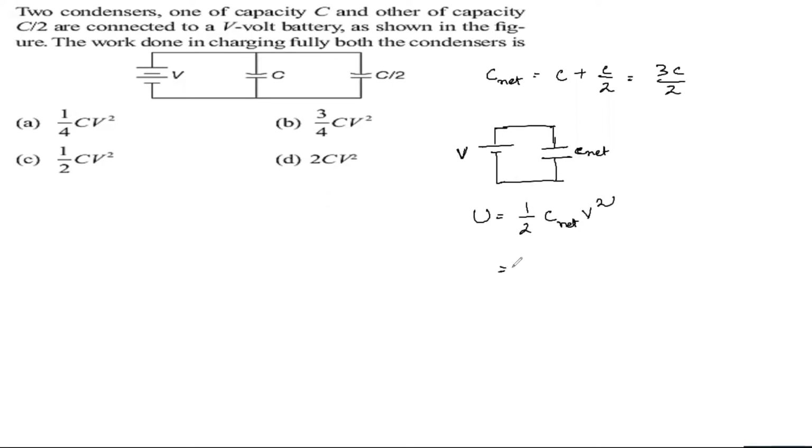Okay, so this energy stored is actually going to tell us how much work this battery has to do to completely charge both the condensers. So we are going to replace this C net value with 3C by 2 multiplied by V square. So we are having 3C by 4 V square. This is our energy stored.